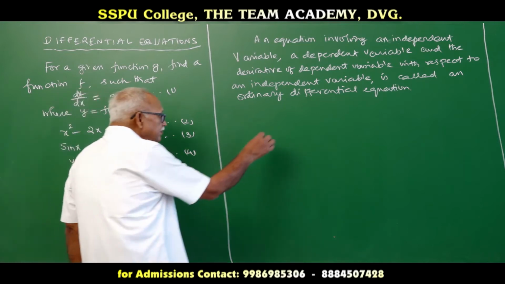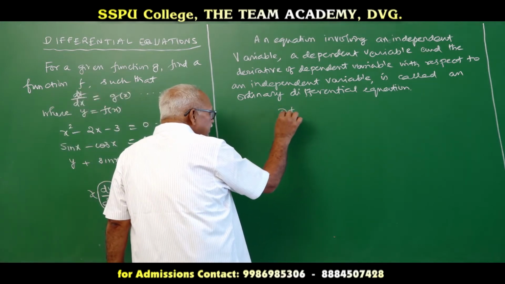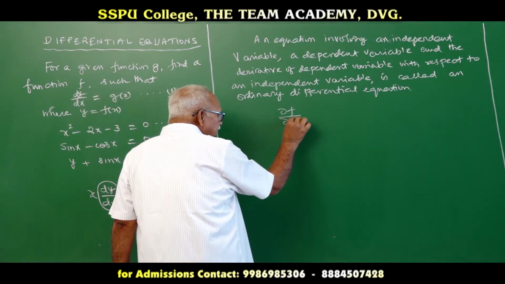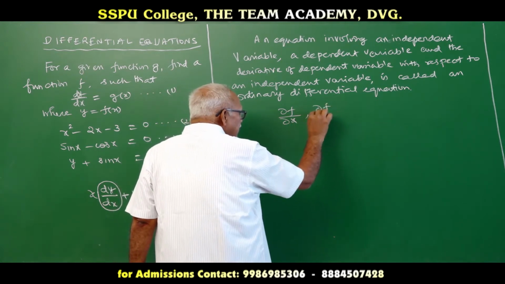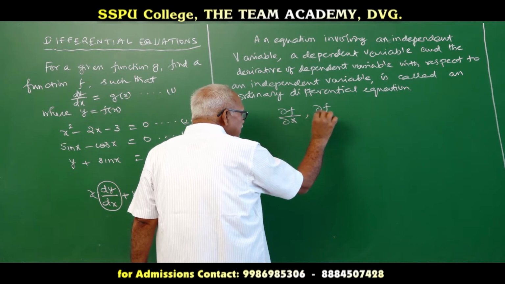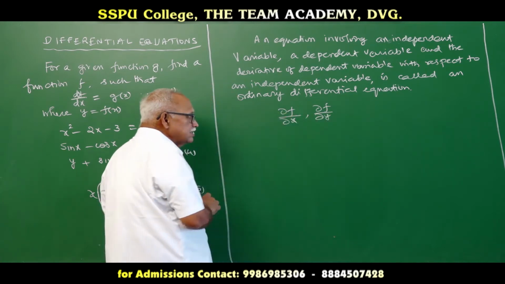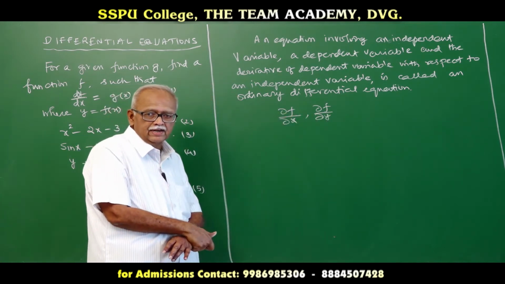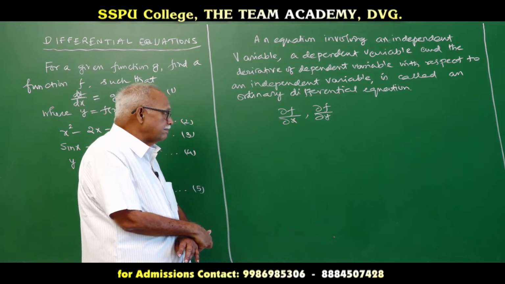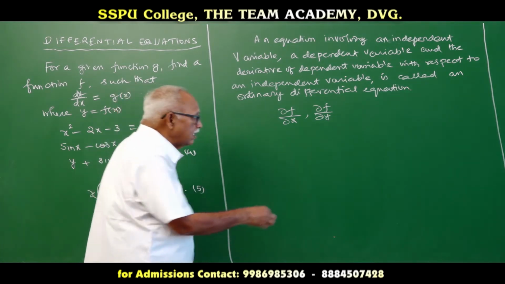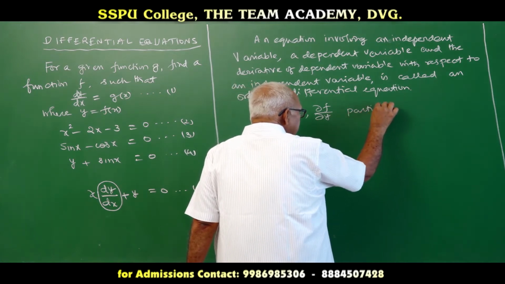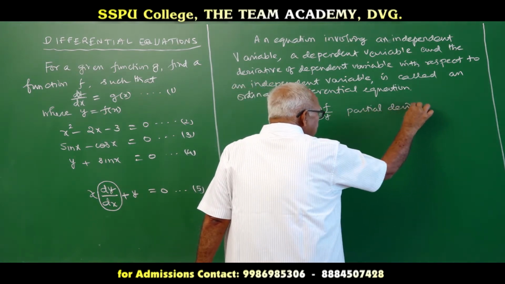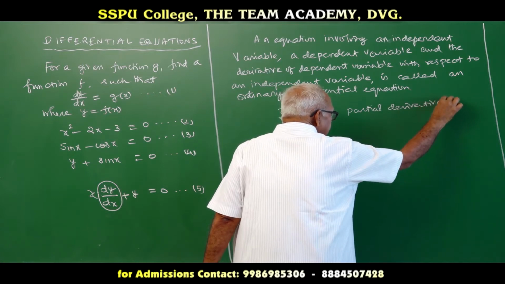Like this, f is the function and the derivative is with respect to x, del. This notation is taken as del f by del x, del f by del y. They are called partial derivatives.